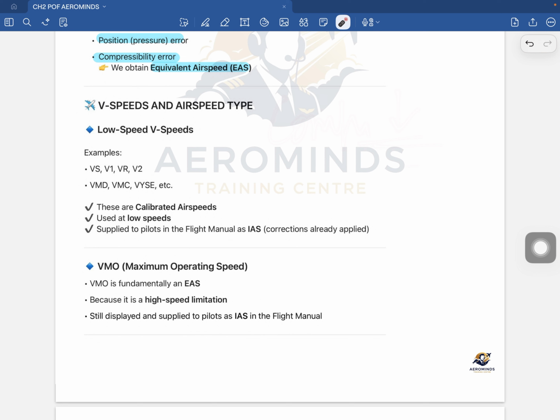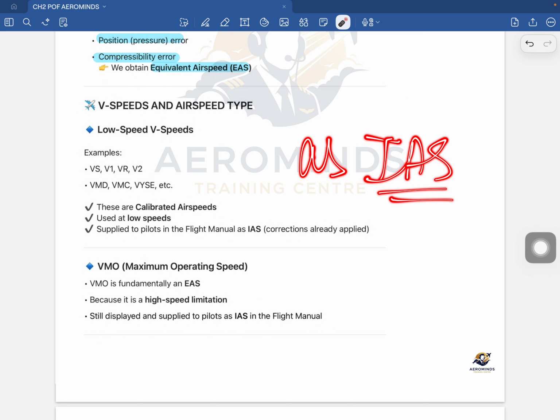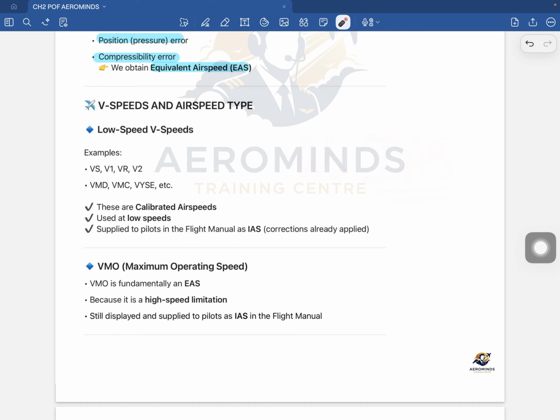In the flight manual, they are supplied to the pilots as indicated airspeed, because that is what the pilots see, but the corrections are already applied. That means the pilot can directly fly those speeds by looking at the ASI only. Got it? So remember this first: low speeds are like stall speed, decision speed, rotation speed, takeoff safety speed, minimum drag speed, VMC, which is minimum control speed, and VYSE, which is your single engine best rate of climb speed.